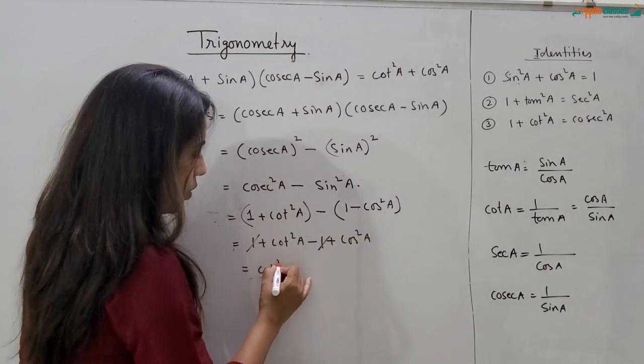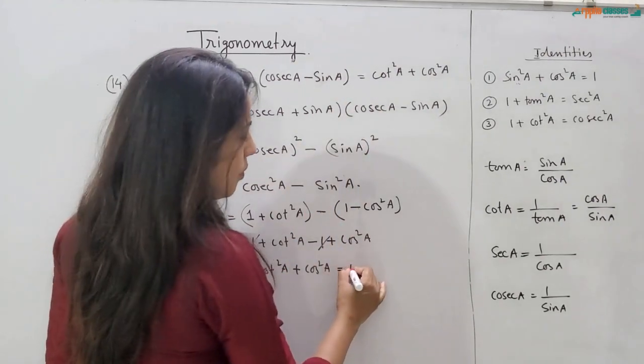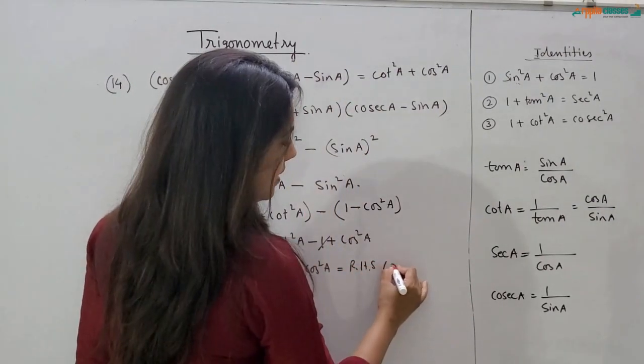So finally we get cot square A plus cos square A. Look at the right hand side, we got it. Right hand side, and that is proved.